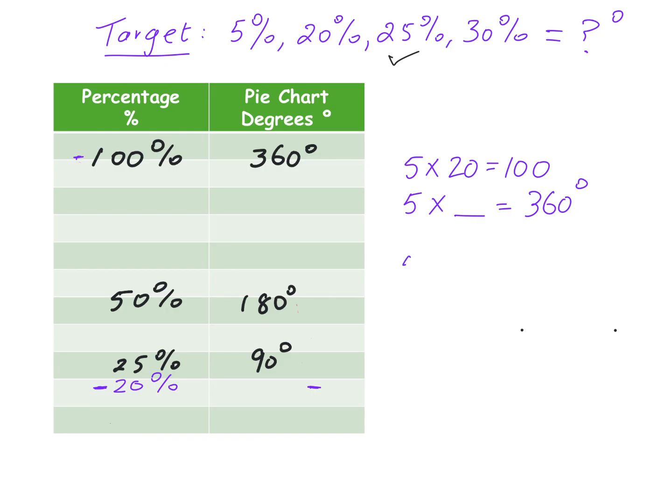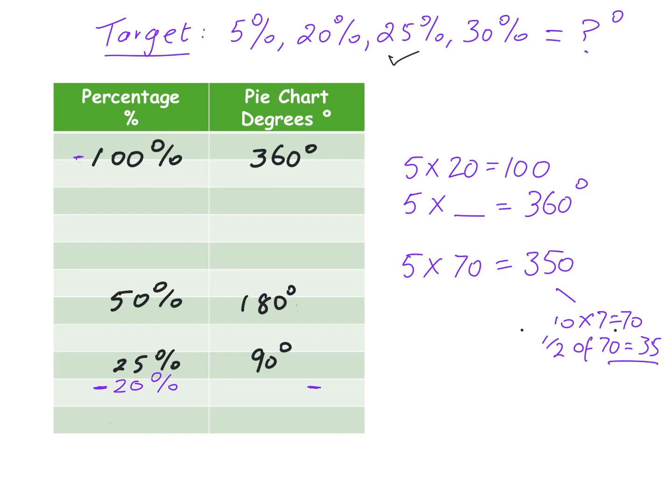So I know that 5 times 70 would equal 350, and I can get there from knowing that 10 times 7 equals 70, so half of 70 equals 35. So that's a connection we could use there.